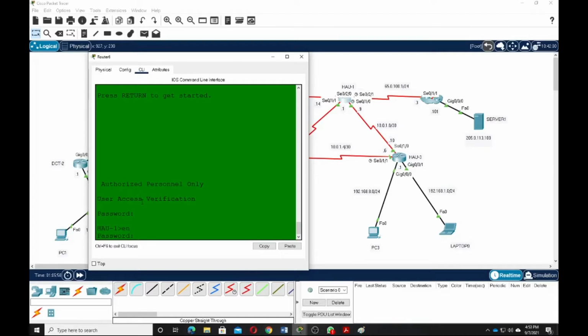So enable, config t, router OSPF 10, passive-interface serial 0/2/1.